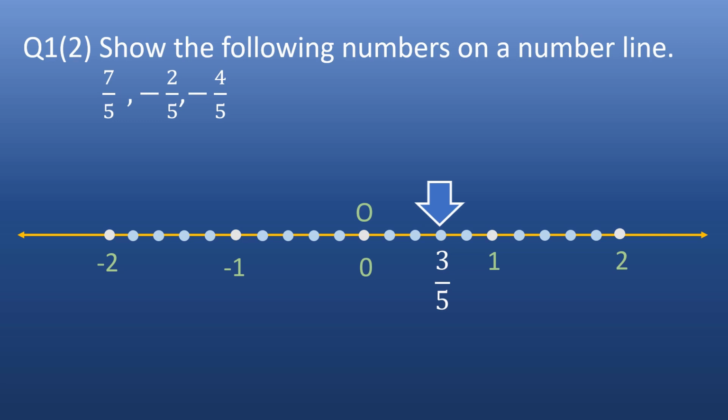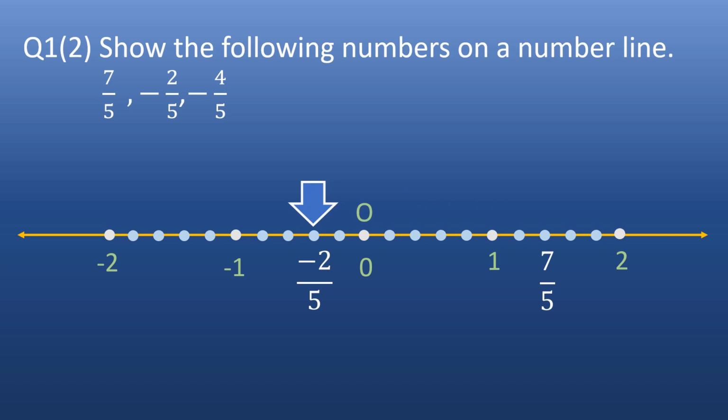Show 7 by 5 on number line, that is 7th point from origin, or 7 upon 5 is equal to 1 integer 2 by 5. So take second point after integer 1. Similarly mark second point on left side of the origin as minus 2 upon 5.